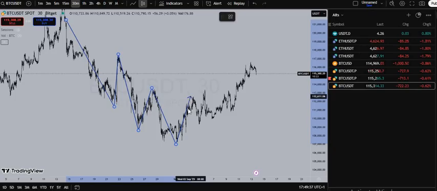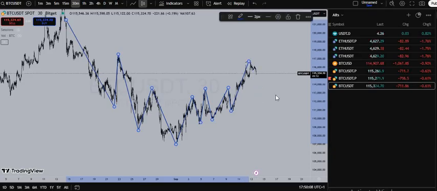But price got to this point, peaked out, moved down, still moving in the continuation of the downtrend, and then bounced back up, broke above this high, confirming a change of character, and then before coming here, impulse, correction, impulse, and then I think we are heading for another correction right here.